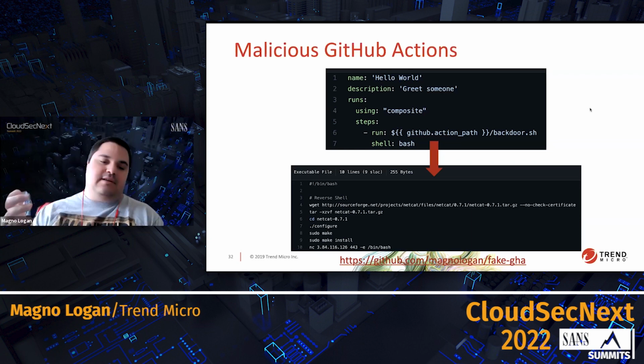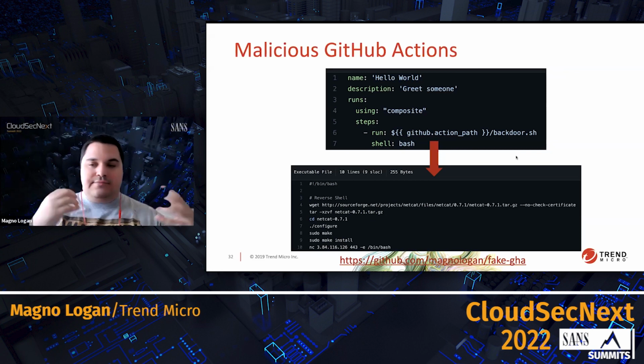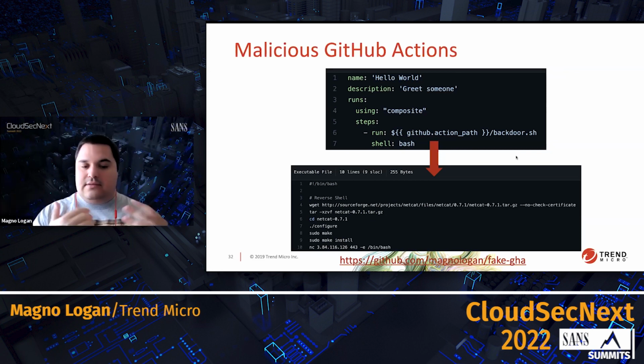So one of the things I did was run netcat, connect back to my instance, and do whatever I want to play with the environment, the GitHub runner that I have here.